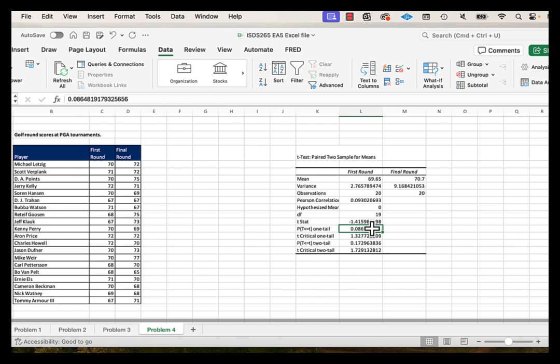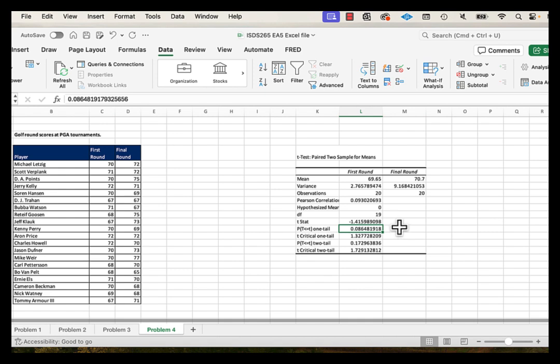If you incorrectly assumed it was a one-tailed test, suppose your claim was that the pressure of the final round causes scores to increase. That would make it a one-tailed test, and you would use the p-value of 0.0865, which is less than 0.1, and you would reject the null hypothesis.